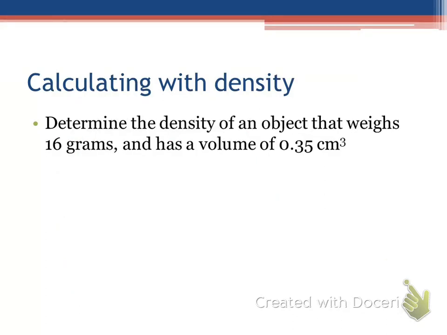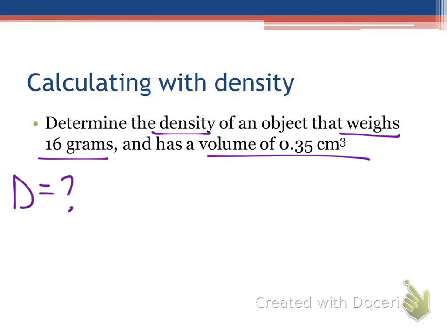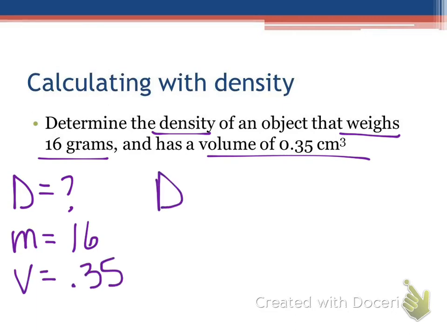All right, so let's try this one. Calculate the density of an object that weighs 16 grams and has a volume of 0.35 centimeters cubed. Okay, so knowing what I know about that equation, I want everybody plugging that in.